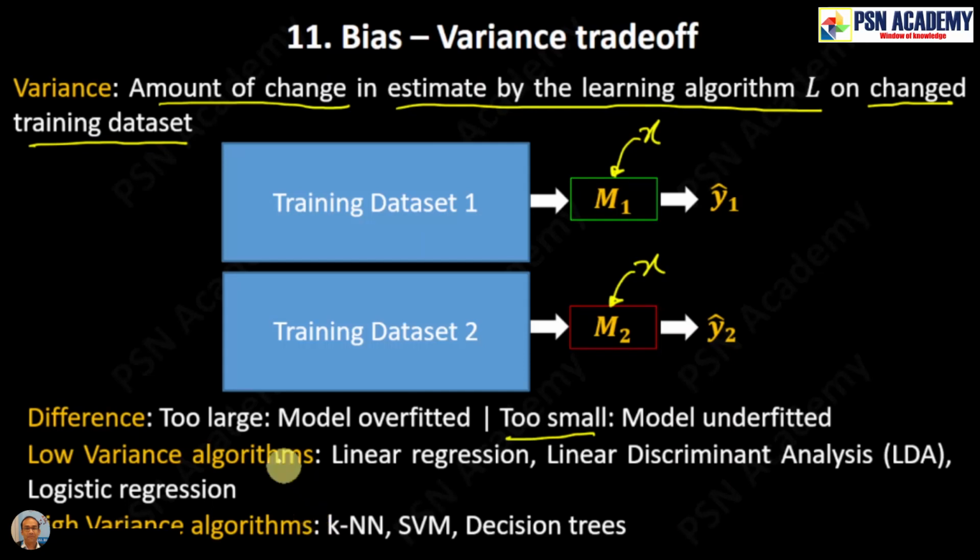So you can clearly see that whenever the bias goes up, the variance goes down, and whenever the variance goes up, the bias goes down. So you cannot have a model which has both low bias and low variance. So while developing a model, you have to balance between bias and variance so that the model is optimized. This tug of war between bias and variance is called the bias-variance trade-off.